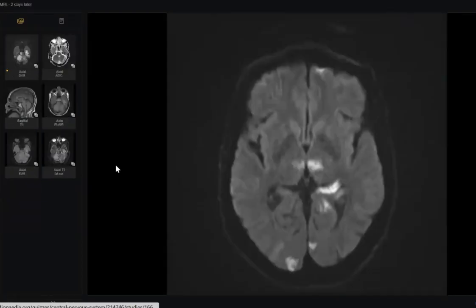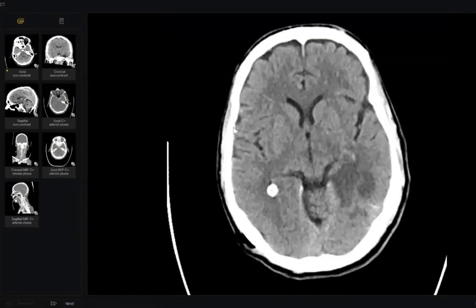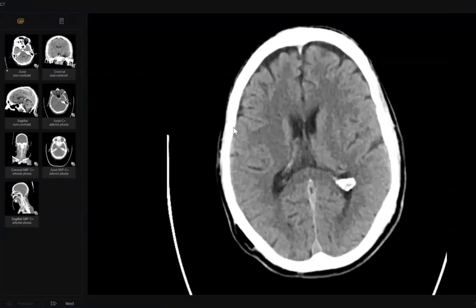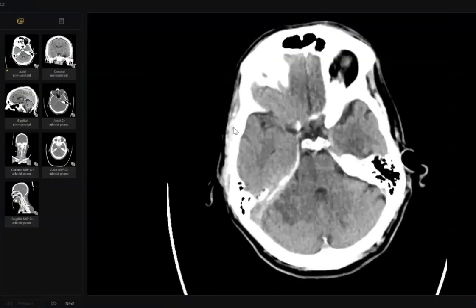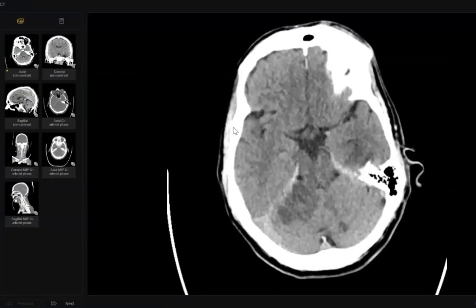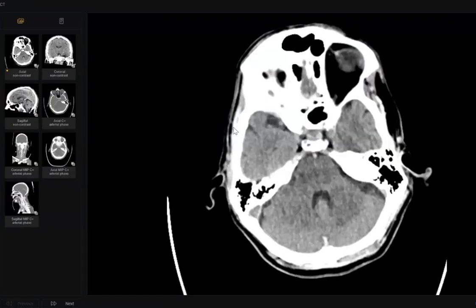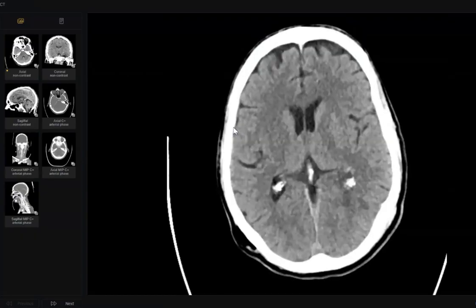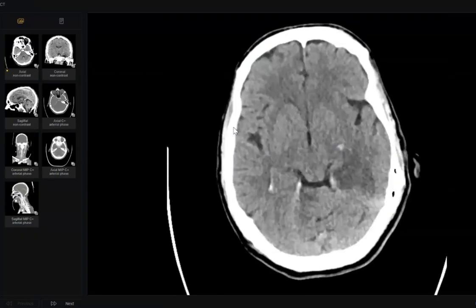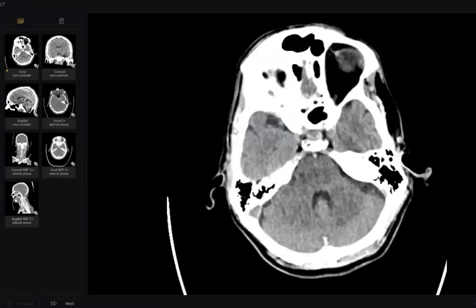Okay. I think this is MRI. So I'm provided with axial diffusion. Okay, this is MRI follow up. So what happened? The contrast enhanced CT image is seen, sir. This is a non-contrast now.